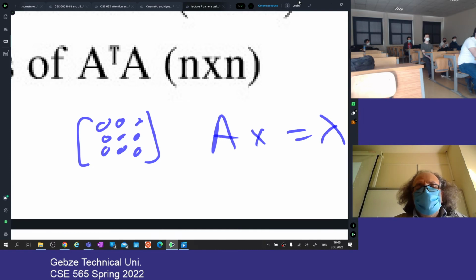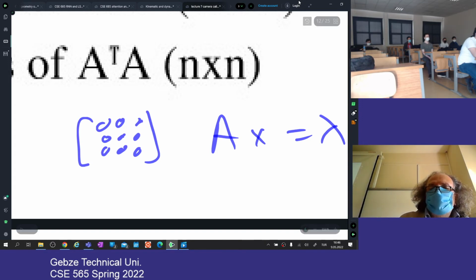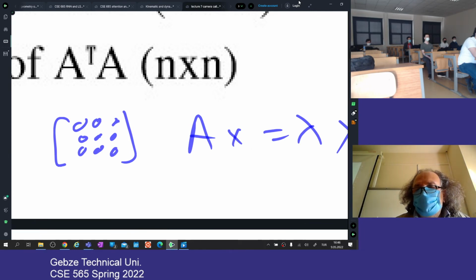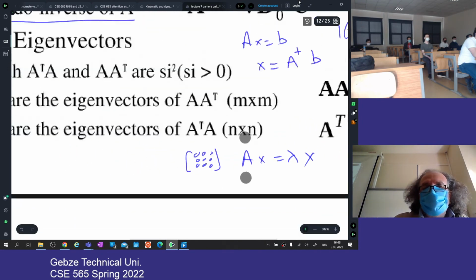If you do the eigenvalue analysis of this matrix, you are not going to get any eigenvectors or eigenvalues. But if you have a matrix that you can solve for n equations, you will see that it's a full matrix. Its rank is full, it's not a singular matrix, and it has as many eigenvalues and eigenvectors as the number of columns and rows.